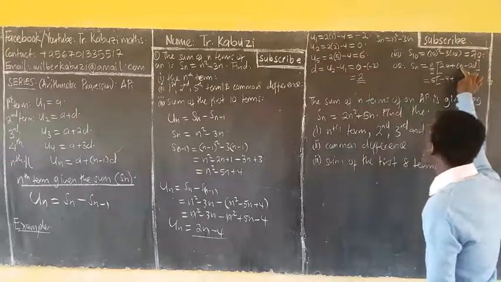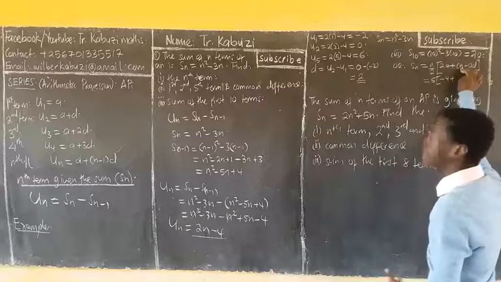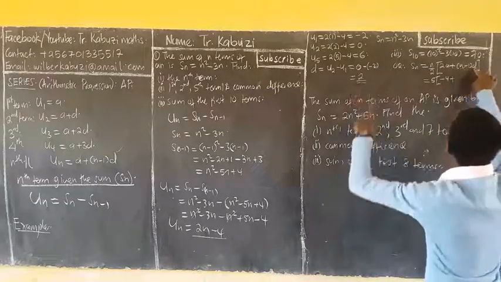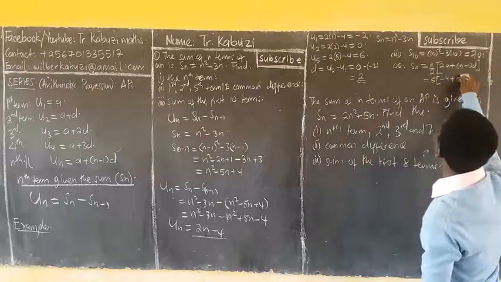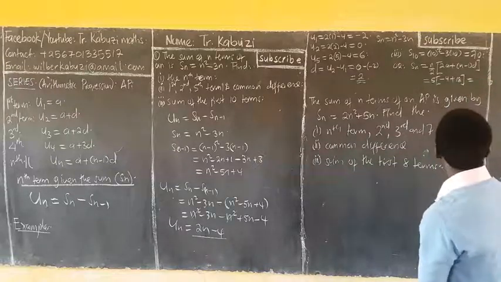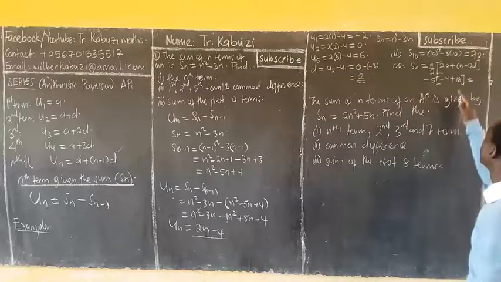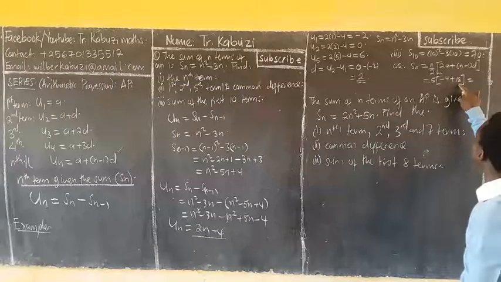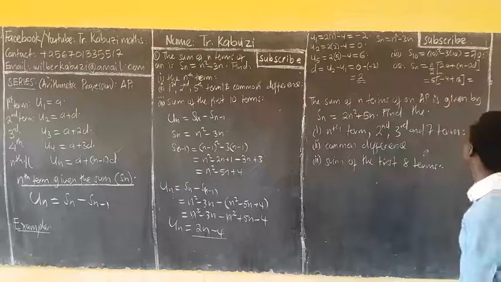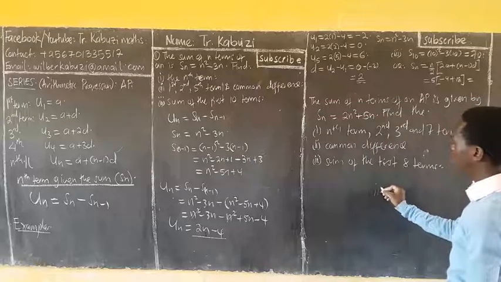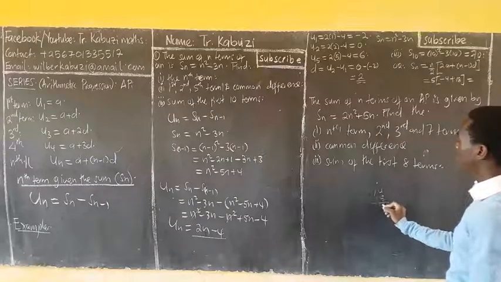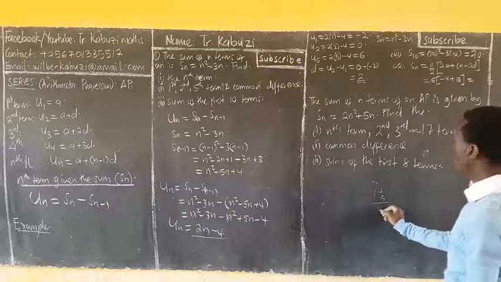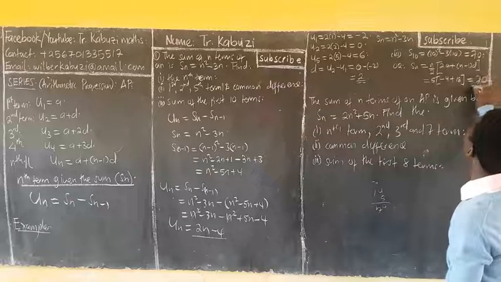Plus n minus 1. So 10 minus 1, that's 9. Our d is 2, so 9 times 2 we get 18. And when you simplify this, we have 14 times 5, which is still 70. So it's up to you.